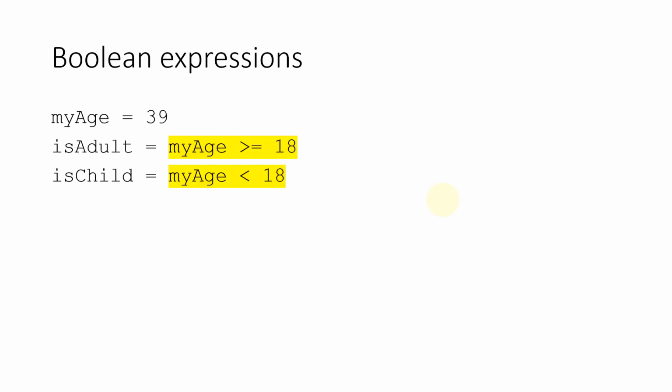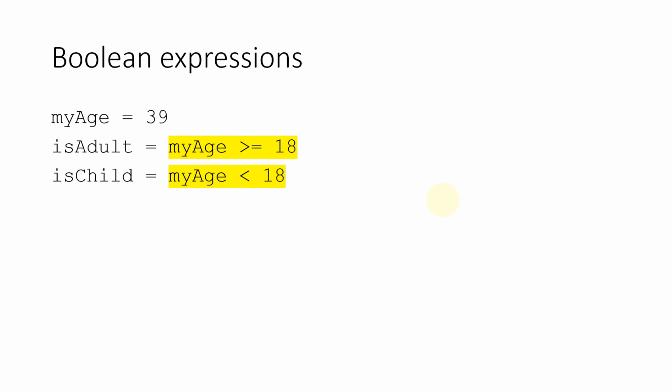Now we can also create Boolean expressions, and you may be familiar with mathematical operators in Python. Just like we have mathematical operators in Python, we also have Boolean operators that let us create Boolean expressions, and the result of a Boolean expression is either true or false, whereas a numeric expression could evaluate to a number and return a specific number as the result.